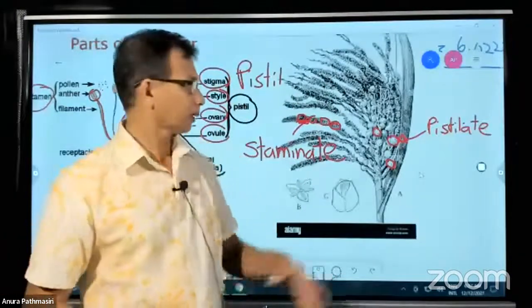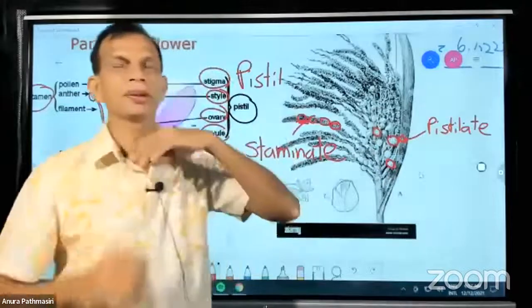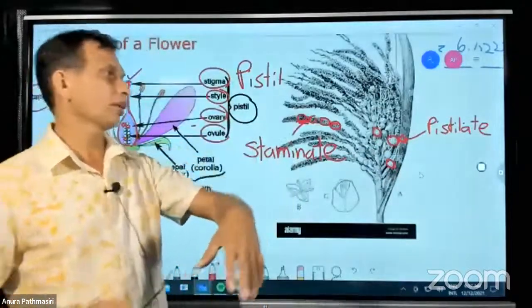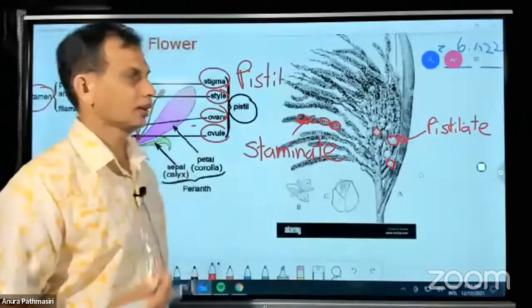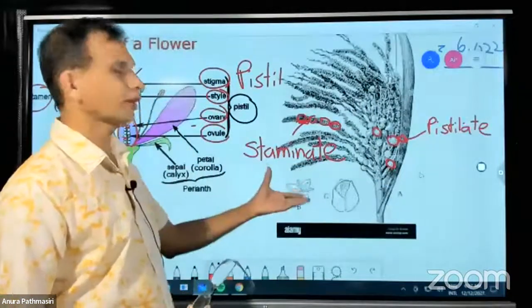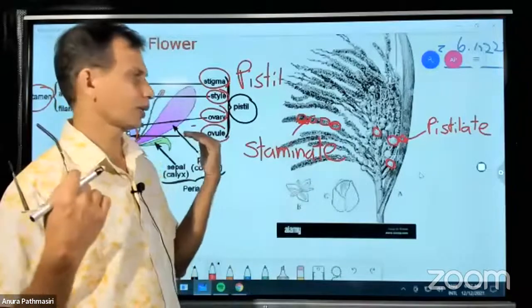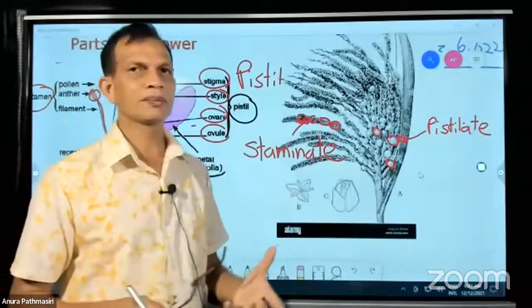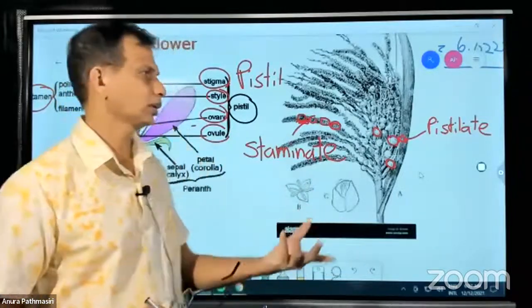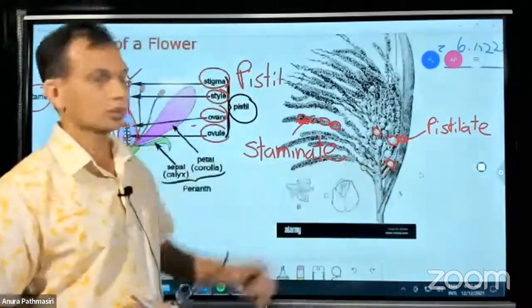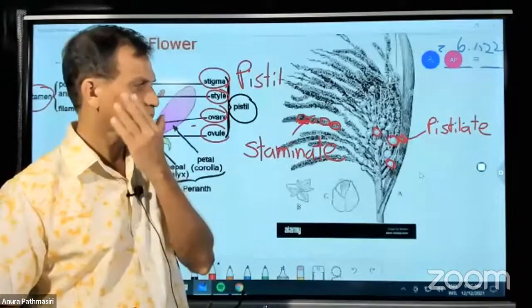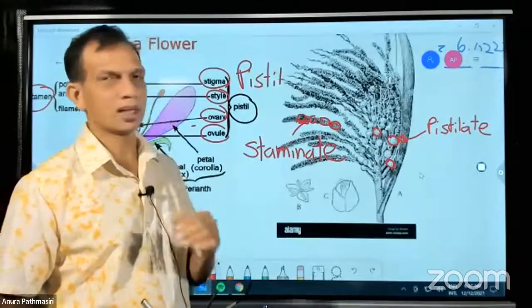When pistillate flowers are available in separate plants, and staminate flowers are available in separate plants, not in the same flower or plant. So papo is like that.